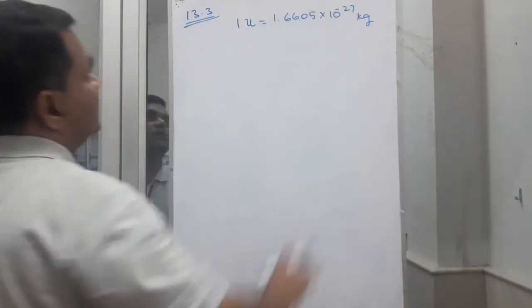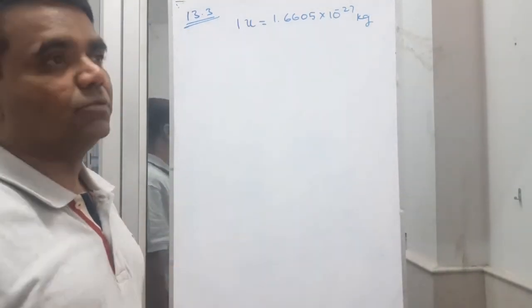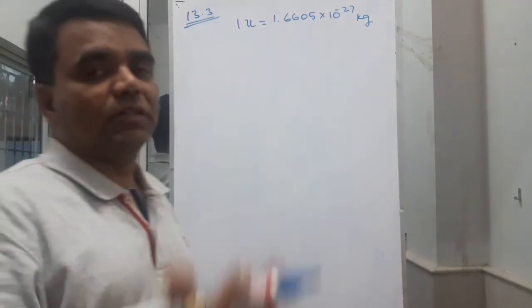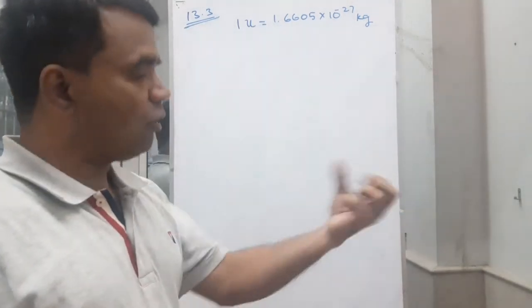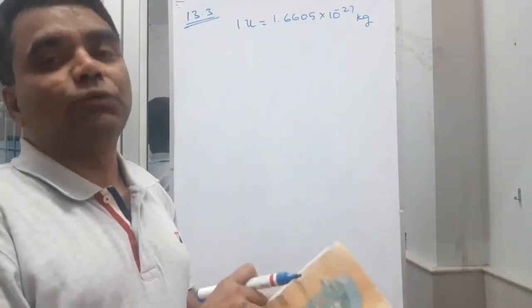So this is the mass of one atomic mass unit. Okay. Then what's the energy equivalent? Well, if we convert all of this mass into energy, how much energy would I get?